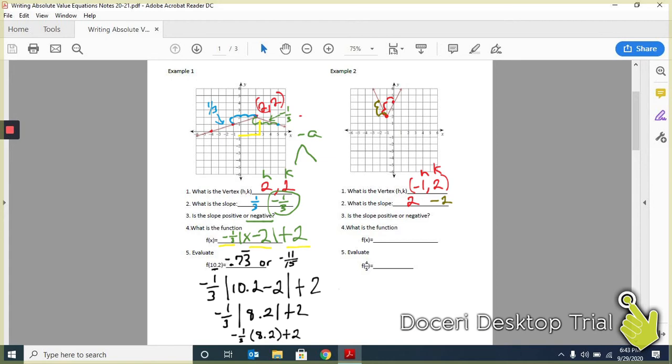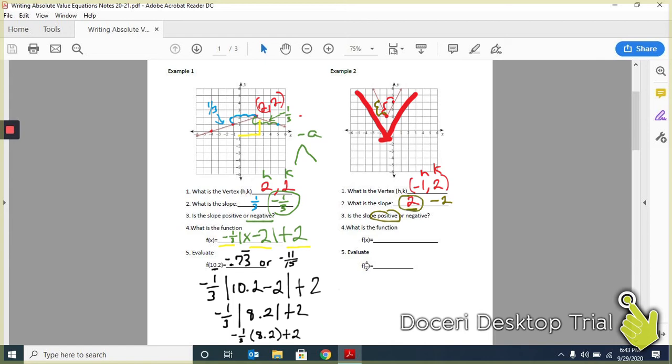So the question is, is the slope positive or negative? Well, again, if you look at the actual graph itself, the graph does this, which means it's a minimum. And since it's a minimum, then we know that a value has to be positive. So then we know slope has to be positive, so we're going to use this guy right here to write our equation.